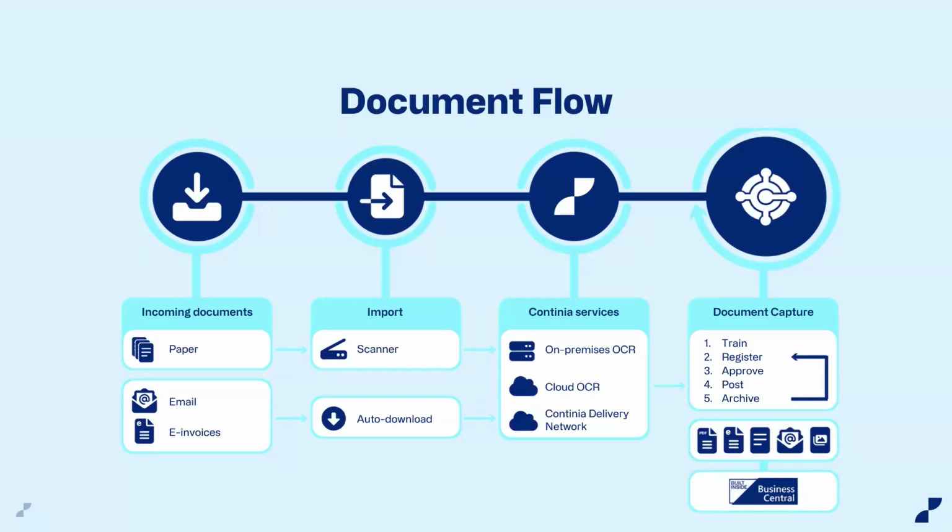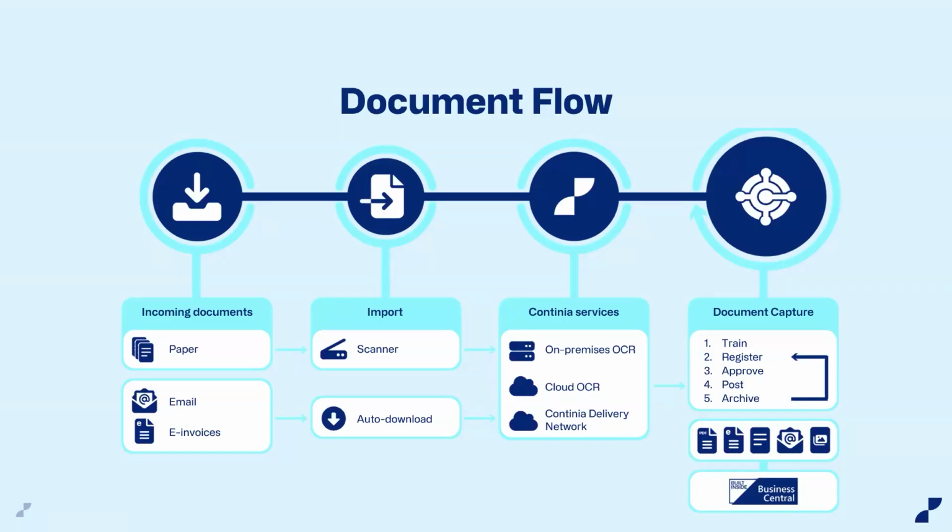Your client could create an automatic forwarding rule from their vendor-facing email into Continia's OCR email. This can also be auto-forwarded from their scanner as well. It gets processed by Continia services via the cloud OCR.